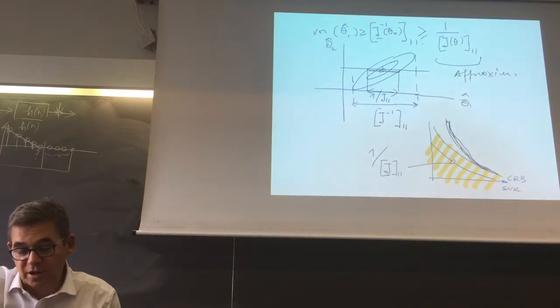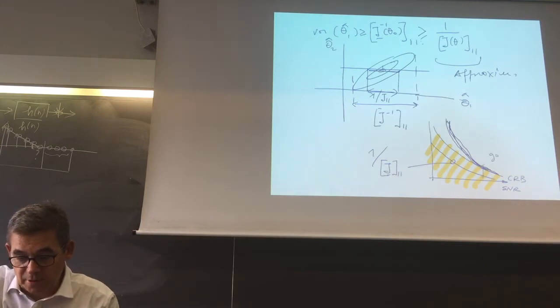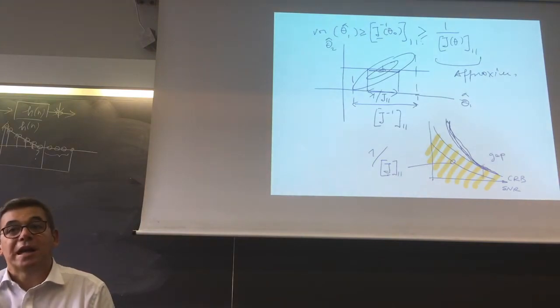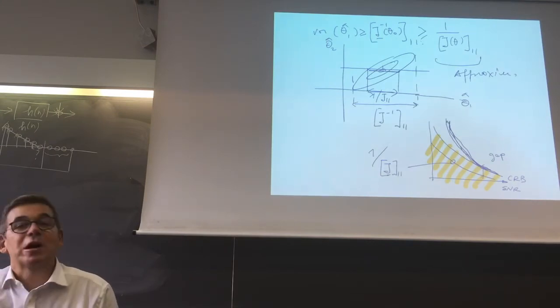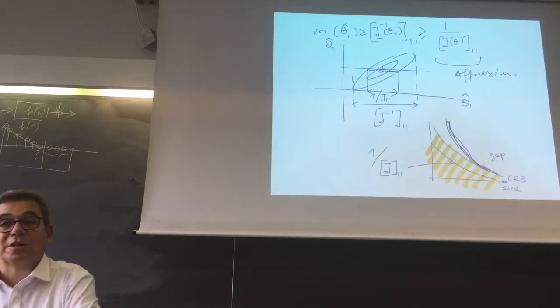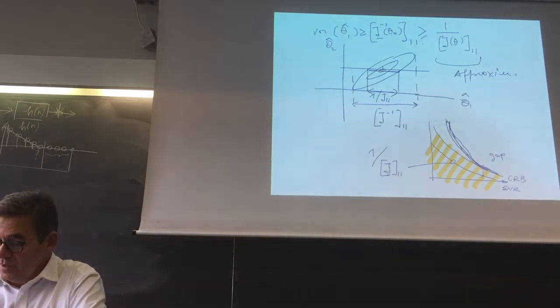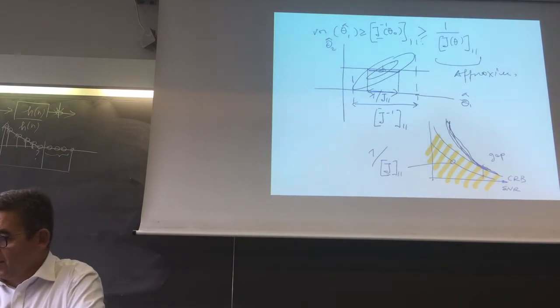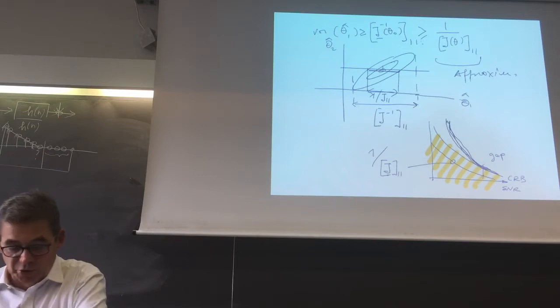We don't know where the Cramér-Rao bound is, and we can find this gap. But this gap is not really a gap. It's a gap of our approximation using this approximate bound. And that's it. For the non-Gaussian case, it's for the other course.